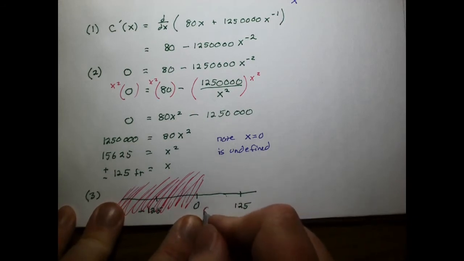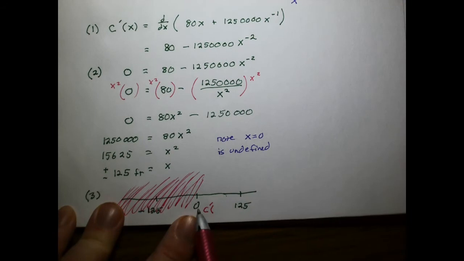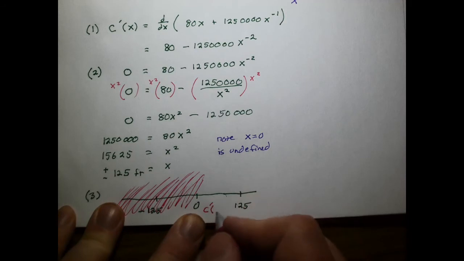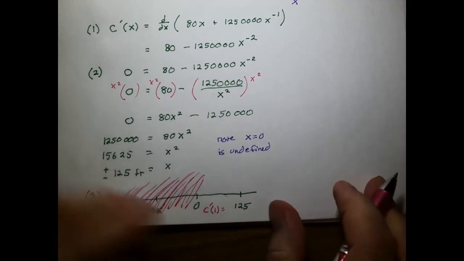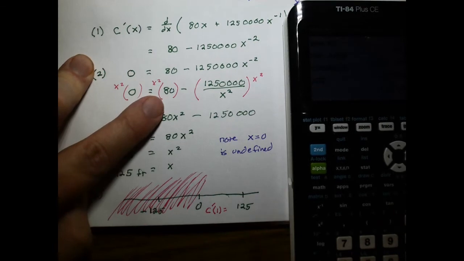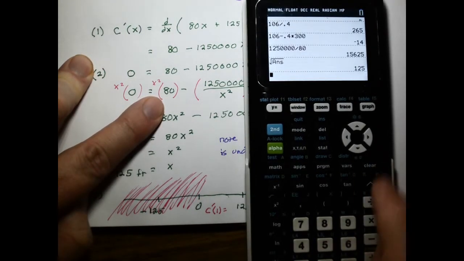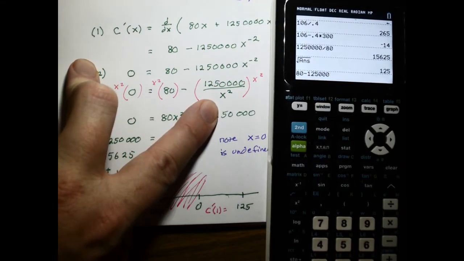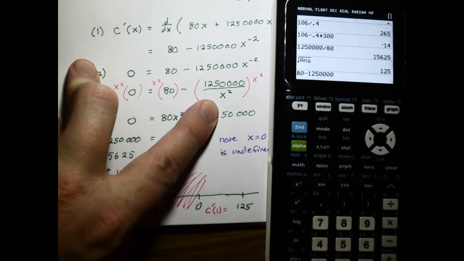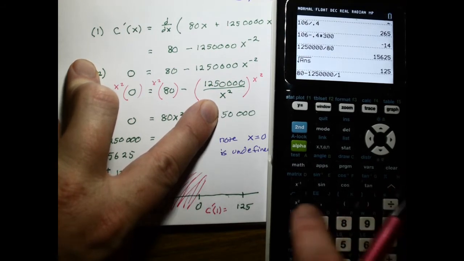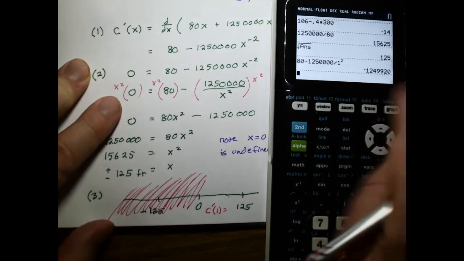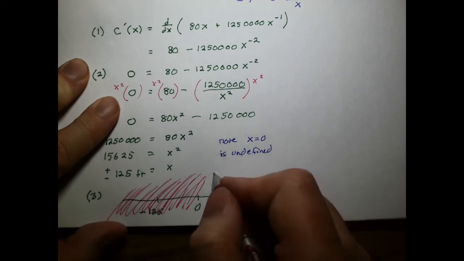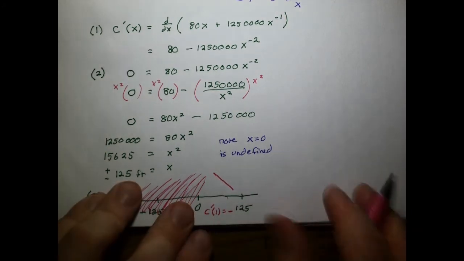Well, let's test it out. We need to test the cost, and I can't test 0 because that'll be undefined. So I'm going to test 1 into the derivative. And that will give us 80 minus 1,250,000 divided by 1 squared. So we're going to get a big negative number. So this is a negative number, which means the cost is decreasing.